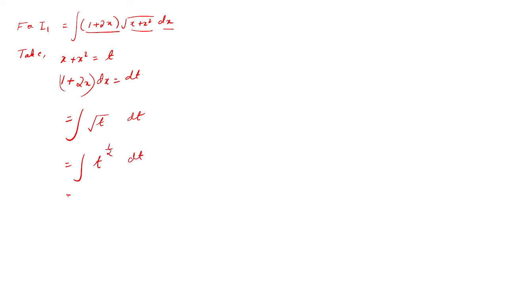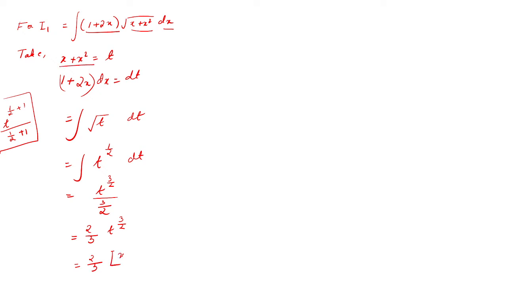So t to the power half would be t to the power 3 by 2 divided by 3 by 2, because remember, integration is half plus 1. Next, the 2 will go to the numerator, so 2 by 3 t to the power 3 by 2. Now replace your t. We have taken t as x plus x squared, so you have to replace it.